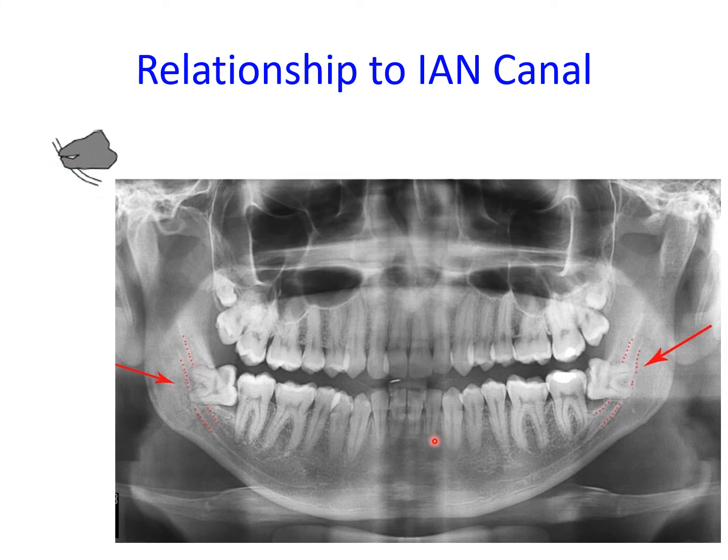As you can see in this image, you can see bilateral horizontal impactions of the mandibular third molars, and on both sides the root apices seem to completely overlap the inferior alveolar nerve canal shadow, and this is indicative of the highest risk of nerve damage during surgical removal of these teeth.